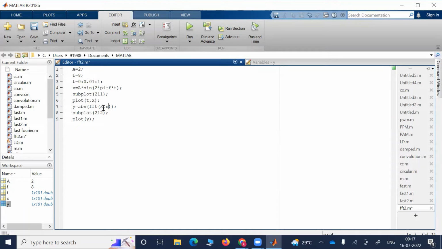Also keep in mind that the number of samples of the FFT should always be greater than the number of samples of the original signal. So you have to choose the n value properly. It is an integral power of 2, so I'll choose 1024. So this is another function, FFT x comma n.